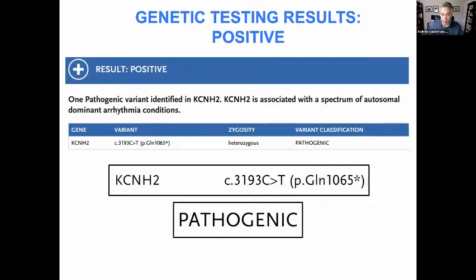So that means that this gene has this misspelling, and this misspelling leads to an early stop of the protein, which is predicted to cause an abnormal protein. And this genetic testing company says we have enough evidence that we think, depending on the case you sent us, depending on the literature, depending on what we see in healthy individuals, that this mutation is indeed causative of disease.